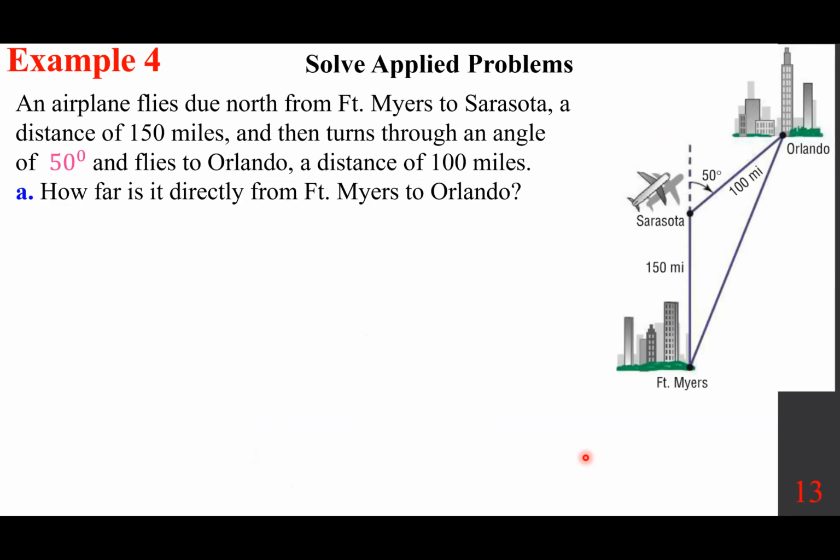Perfect, Fort Myers. So let's look at the distance here from Fort Myers to Sarasota is 150 miles. It's a distance of 100 miles. And how far is it directly from Fort Myers to Orlando? So we want to find this distance.